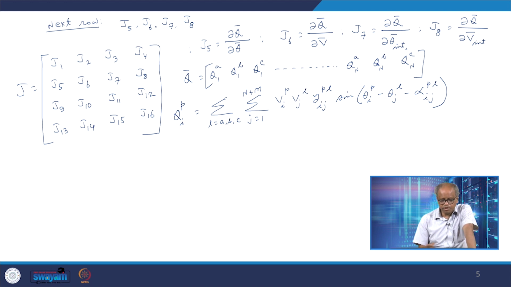In the case of PIP, it is the same expression, only this sine was replaced by cos, and accordingly we have done the derivatives with respect to theta, V, theta internal and V internal.